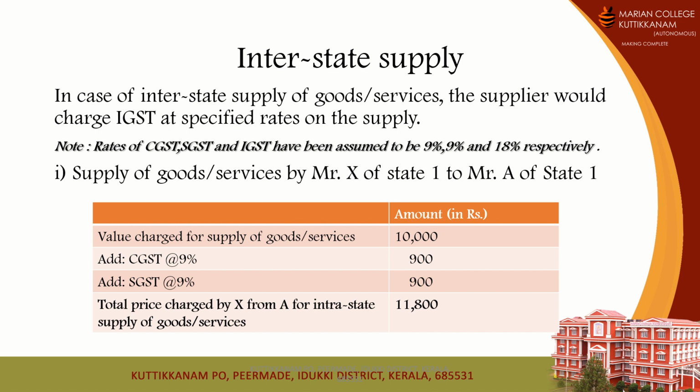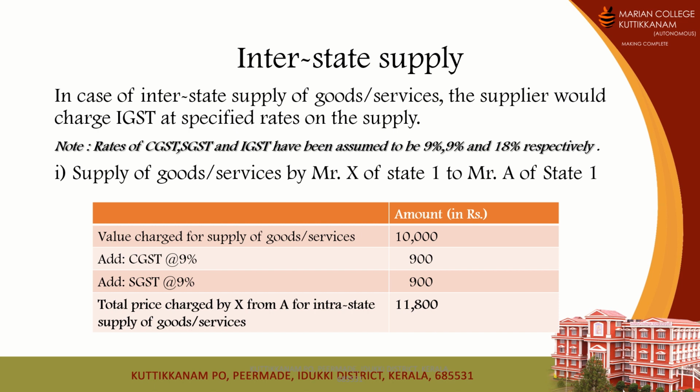For example, between Kerala and Tamil Nadu or between Tamil Nadu and Karnataka, etc. So we'll see this concept with the help of an example, same as how we saw intrastate supply. Here we assume that IGST is at the rate of 18% and CGST and SGST are at 9%. Okay, so let's start.